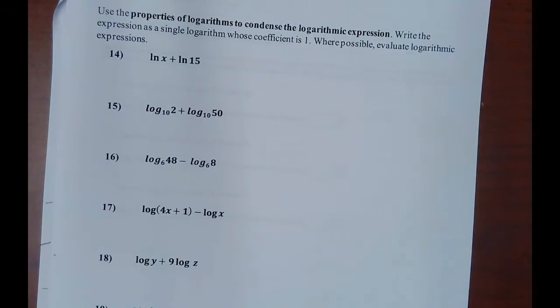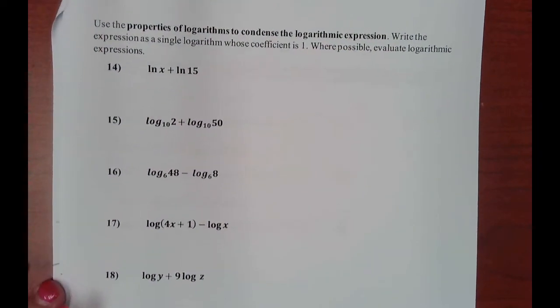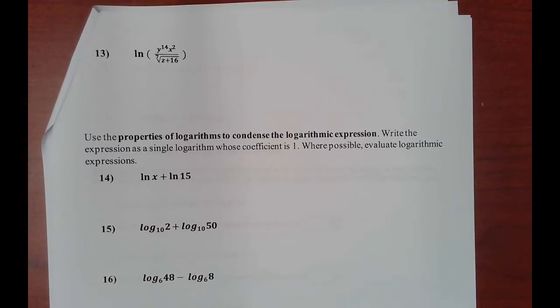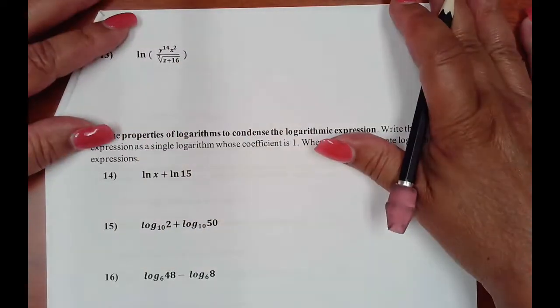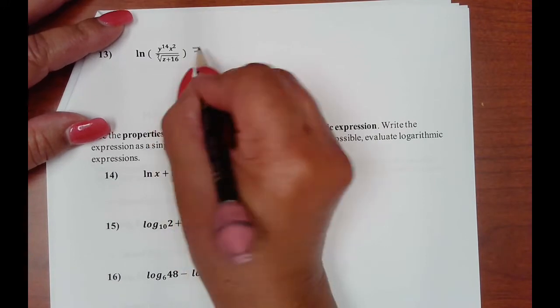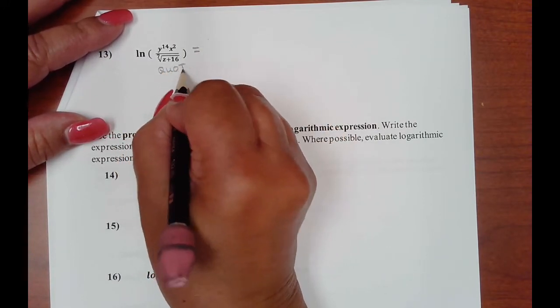Going to the next page. We have one more expansion problem, numbers 1 through 13, all under the same instructions. And so you have this one, a little bit more complicated, but we'll deal with it. Okay, so this is a quotient. First thing we're going to do is take that quotient apart.